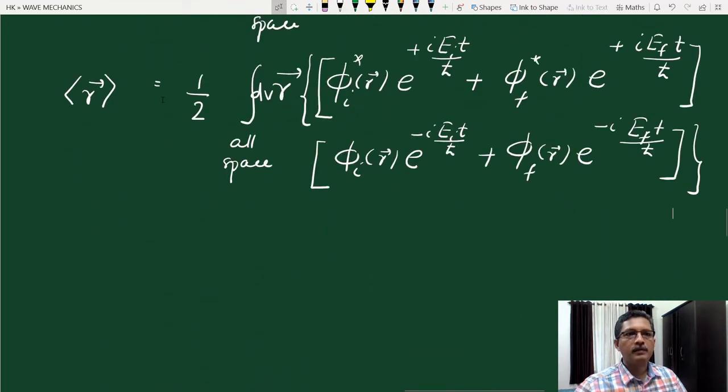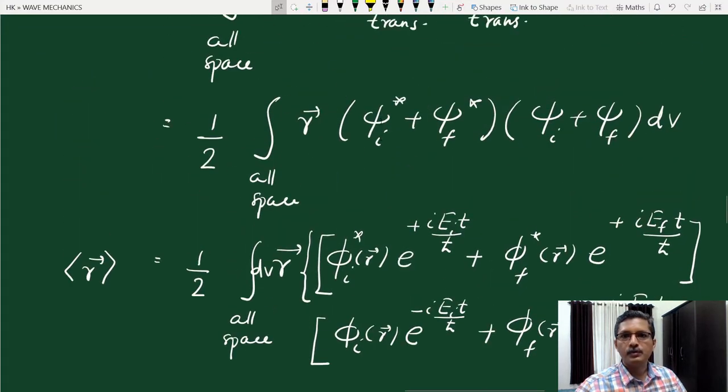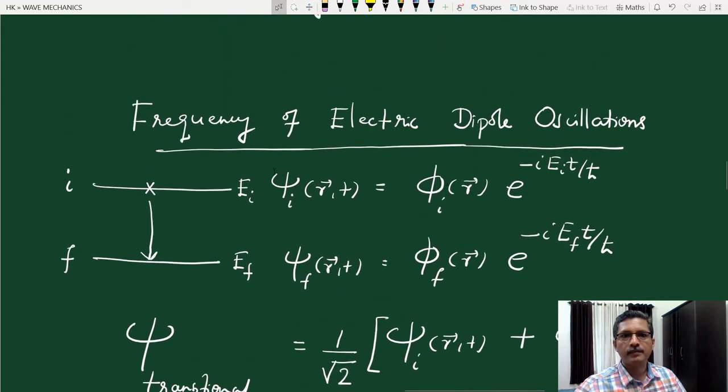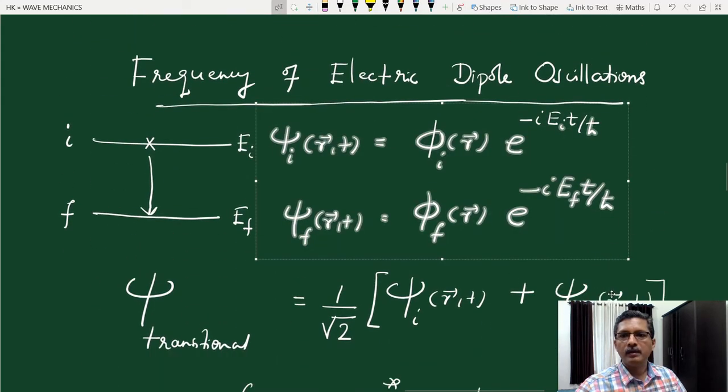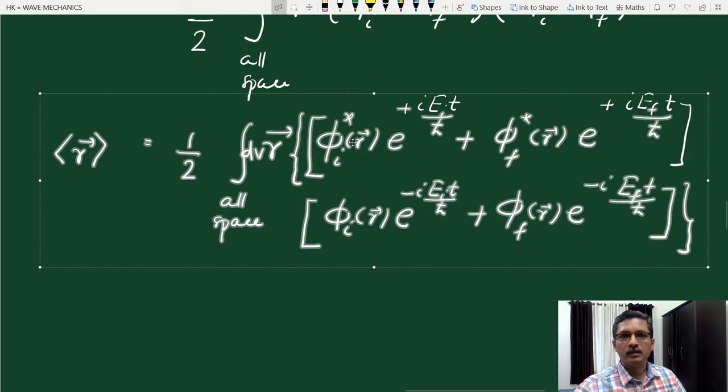So this is what we get when you substitute these values here. I have just substituted. The first term is psi I star, psi f star, then psi I, psi f.